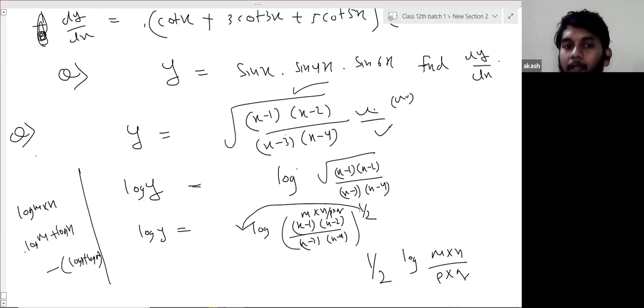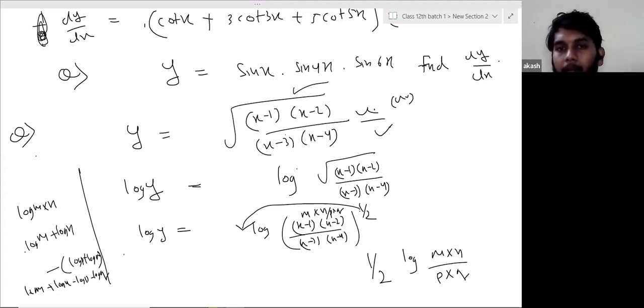So all of this can be converted into log m plus log n minus log p minus log q. Is it clear now, Krishna? All right. If you have any doubts, just put in the chat.